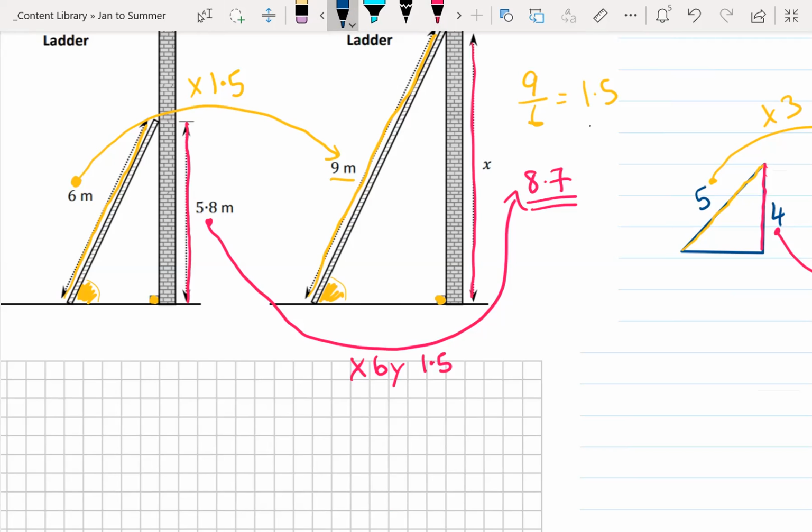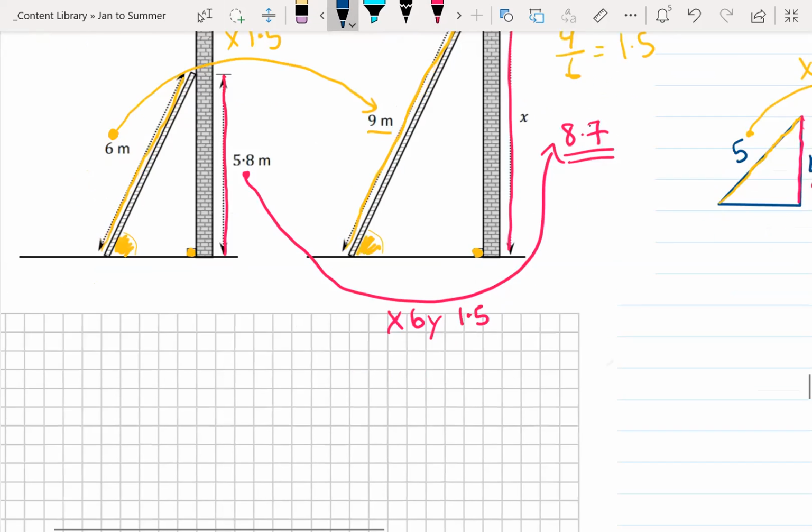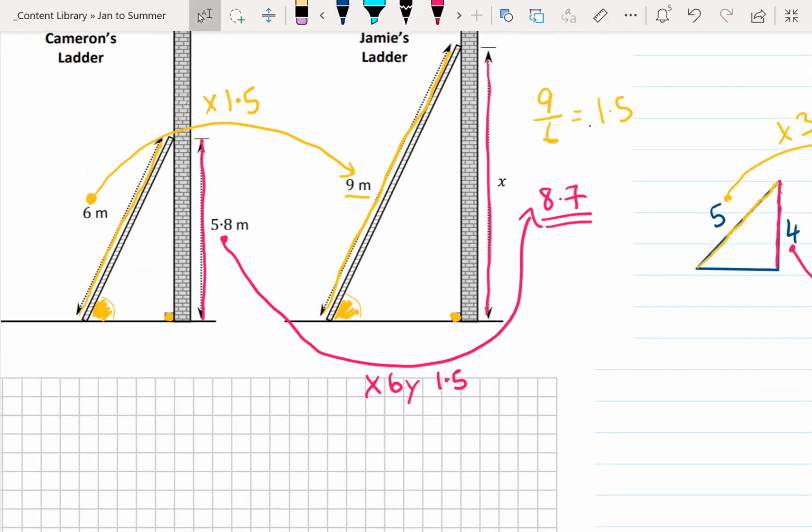Now I'll do it down here the way I would have done it in class. I hope that you understand that. If not, just rewind. So that's x, to its corresponding side 6.